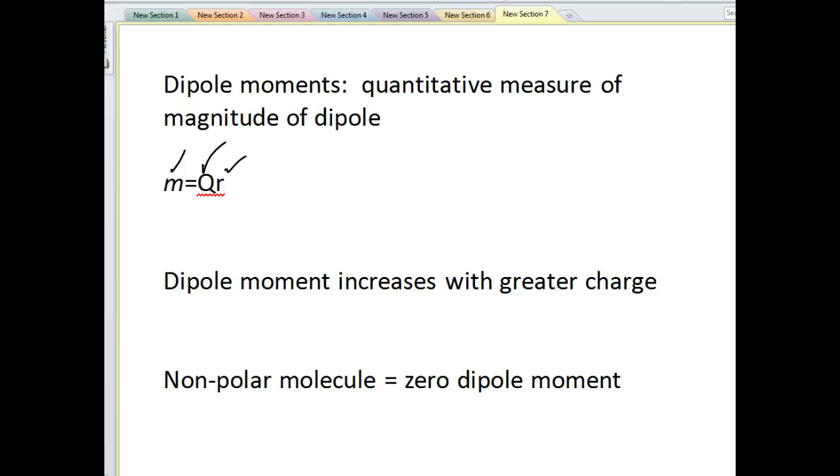So as the charge differential increases, with greater charge, our dipole moment is going to increase as well. In nonpolar molecules, where there is equal sharing of electrons, we tend to say that they have zero dipole moment because there's no charge on those molecules. So dipole moments are measuring the magnitude of the charge. Polarity measures the attraction of those electrons, how polar a bond is.